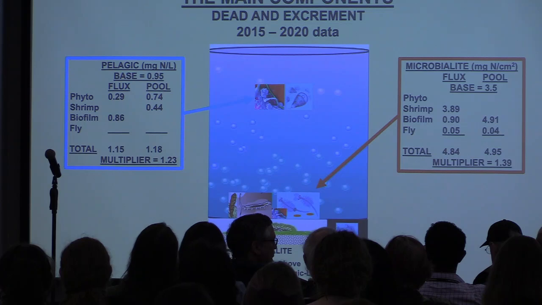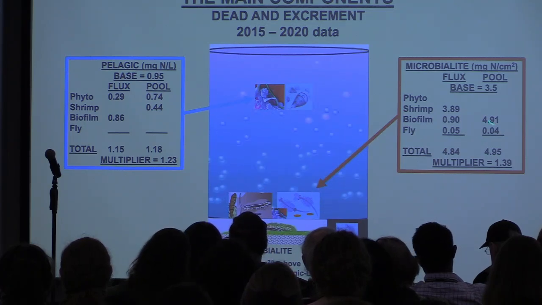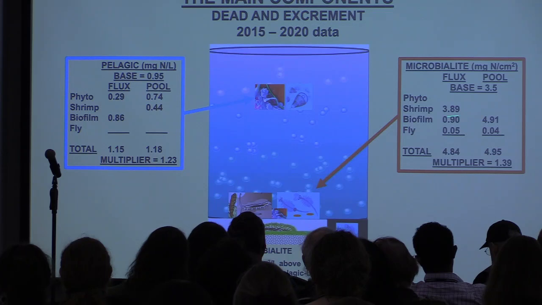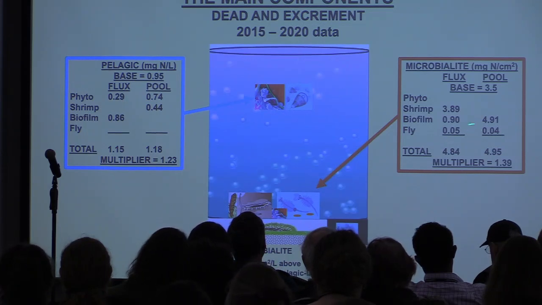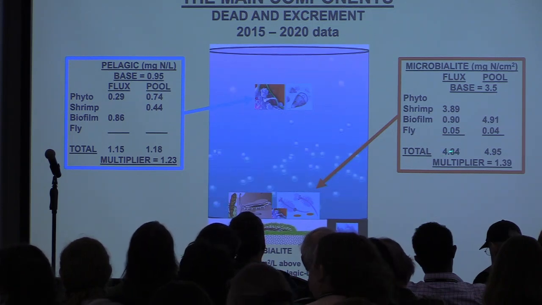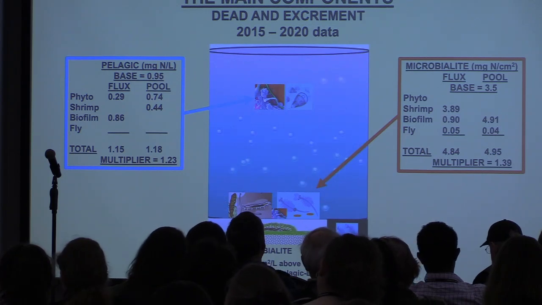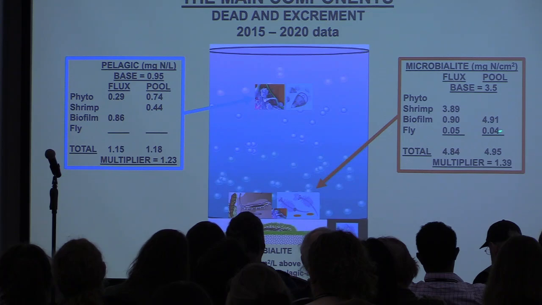Here's what we get on the microbialite. We have the shrimp bodies and food quality, biofilm, dead flies, components of the group. They're adding up to 4.84 micrograms of nitrogen per centimeter squared. And on the biofilm uptake, we got 4.91 and 0.04 for the flies.